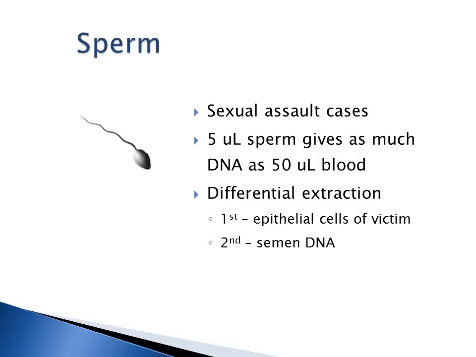So usually you're going to have the vaginal epithelial cells of the victim as well as the semen from the perpetrator, and you really need to differentiate the two so that you know what is the DNA profile of the perpetrator and what's the DNA profile of the victim.